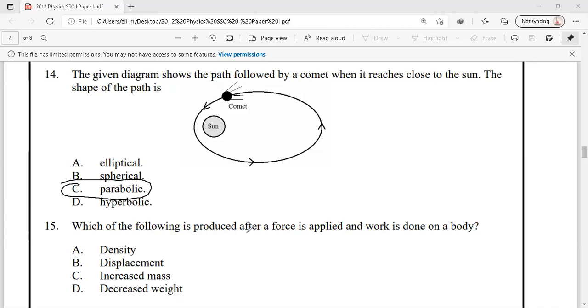Which of the following is produced when a force is applied and work is done? Whenever a force is applied on any object, it is displaced in the direction of the force and work is said to be done. So option B is the right answer. Displacement will occur when a force is applied and work is done on the body.